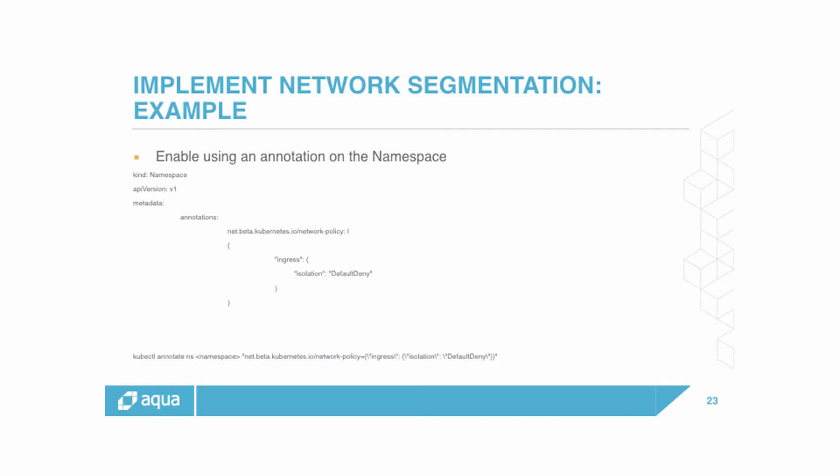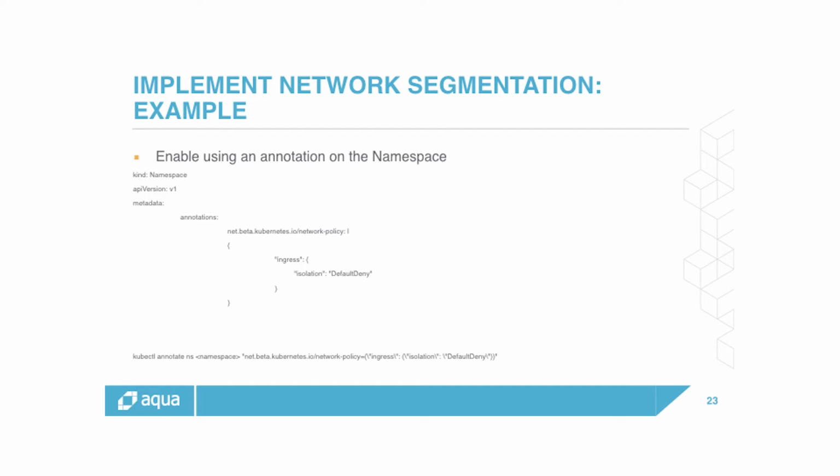Kubernetes has work going on around this to allow pod-to-pod network segregation. Right now, only the ingress policy is implemented, and it's also in a beta stage. This is how such a policy would look. I hope you can see it.